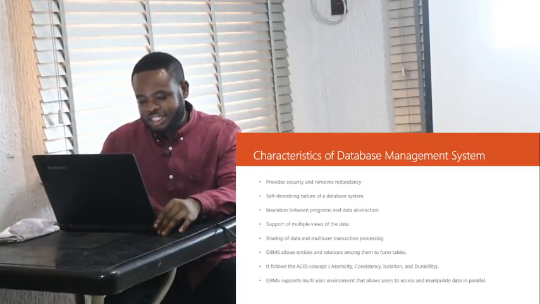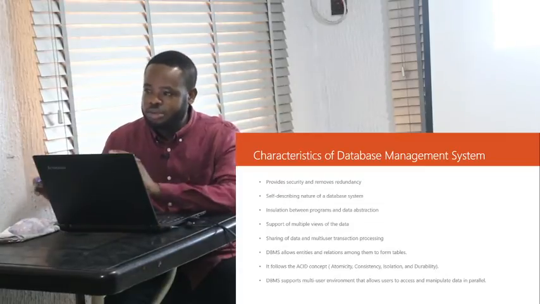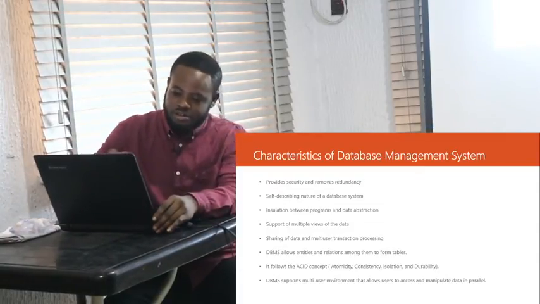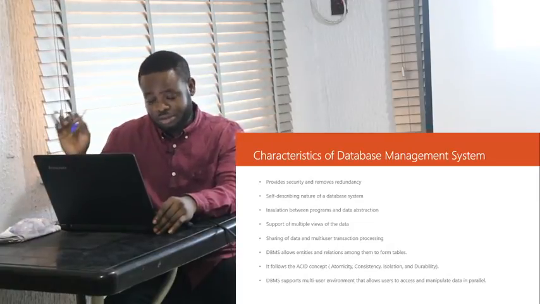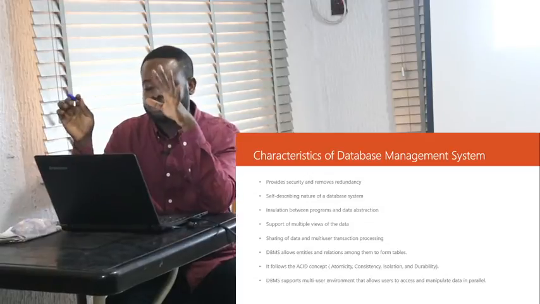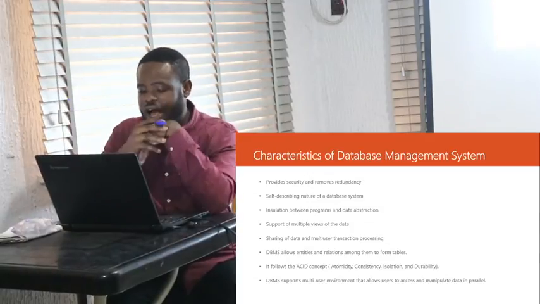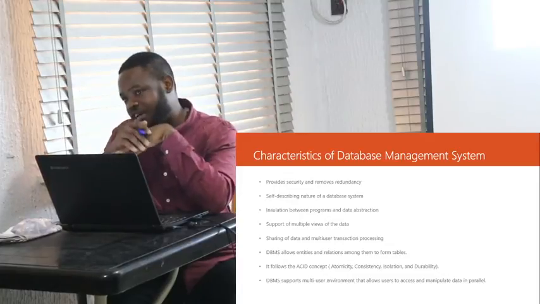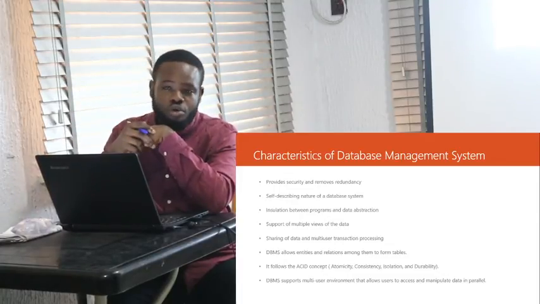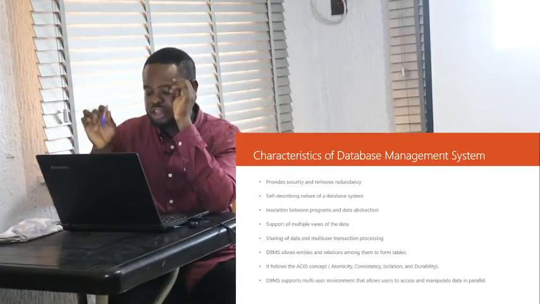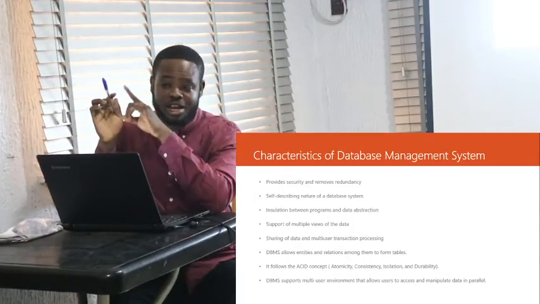It allows entities and relations among them to form tables. So this is actually talking about relational databases. We are going there. It follows the ACID concept. The ACID concept is a form of transaction property for data management to ensure validity.